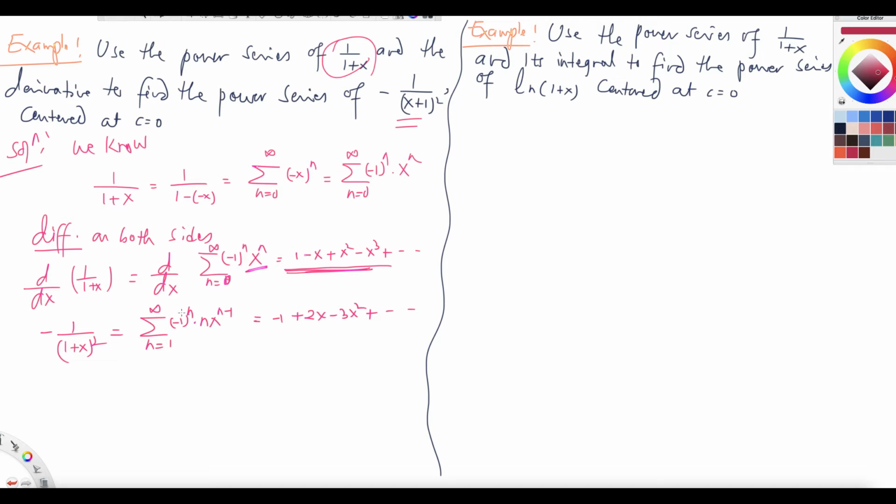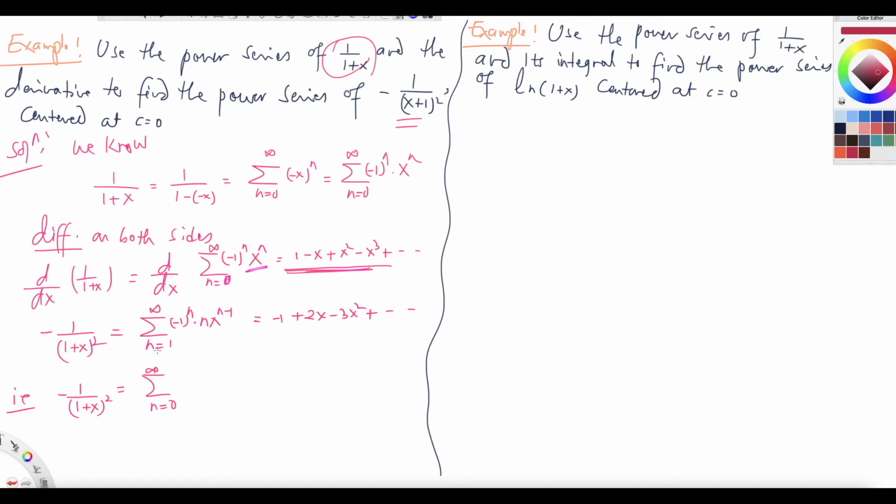But how do I write this in series format if you start from n equals to 0? You get negative 1 over 1 plus x squared, right, equals to summation n equals to 0 to infinity, because the power series starts from 0 to infinity. And then how does it look like?